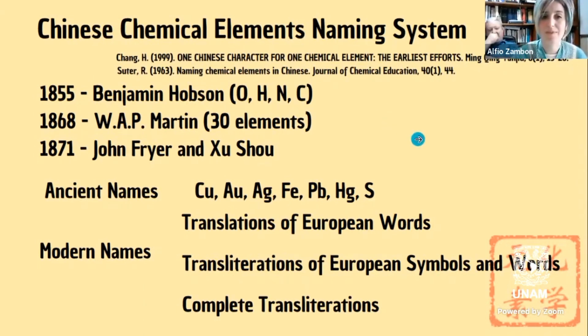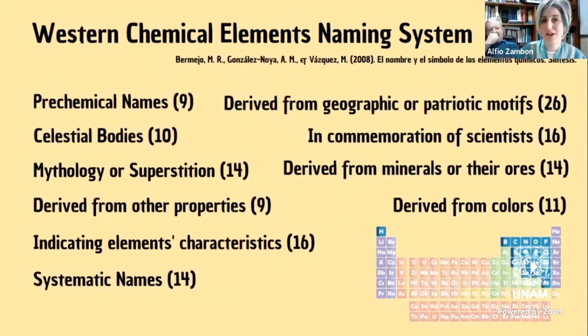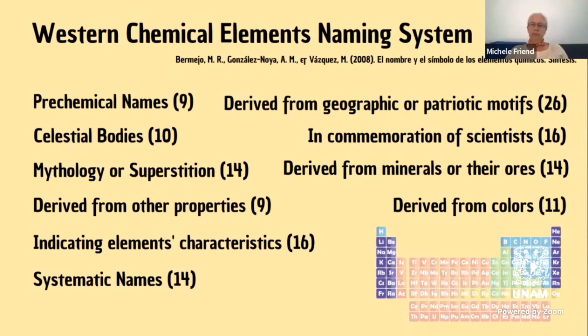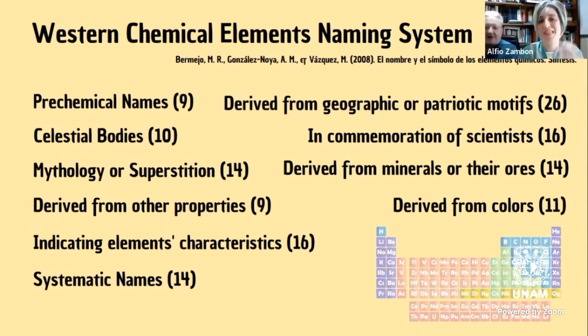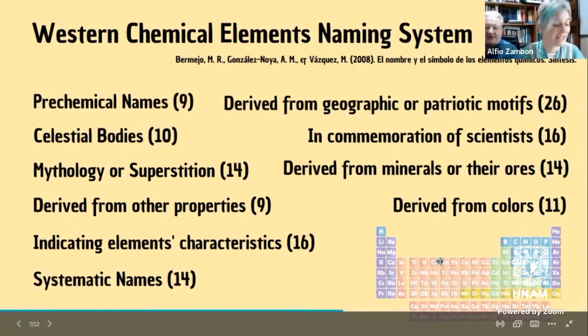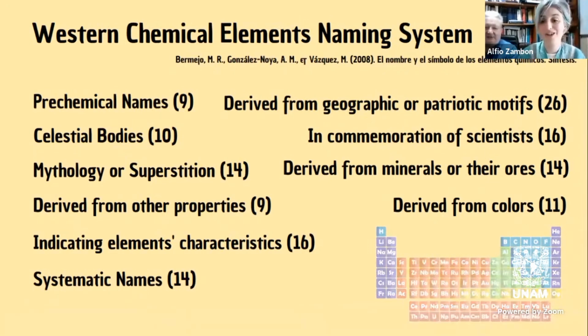So if we contrast that way of naming and our way of naming, they have fewer categories than we do. Here, if someone takes the challenge and does the math, it's not going to add up to 118 elements, because some elements are part of more than one way of naming.